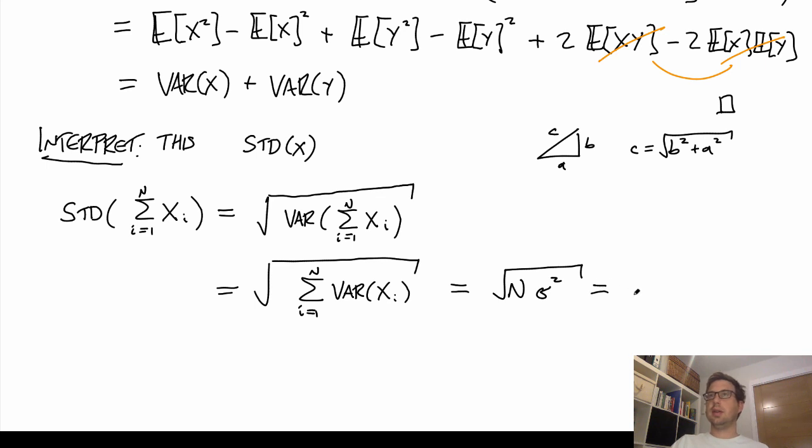In other words, we get square root of n times sigma. So if I start with the random variable x with standard deviation sigma, and I do that experiment many times, I expect the error to be about square root of n.